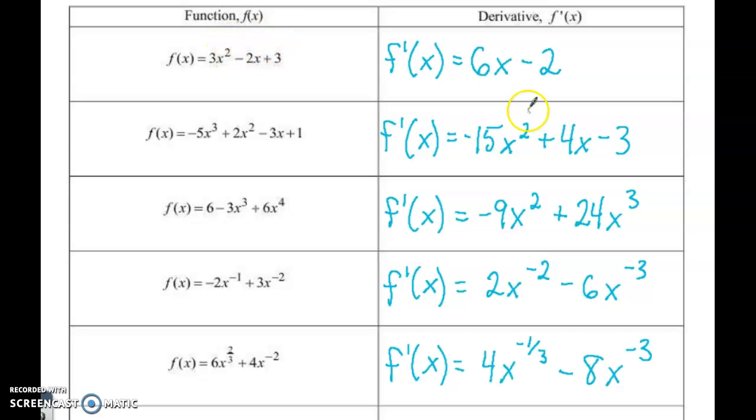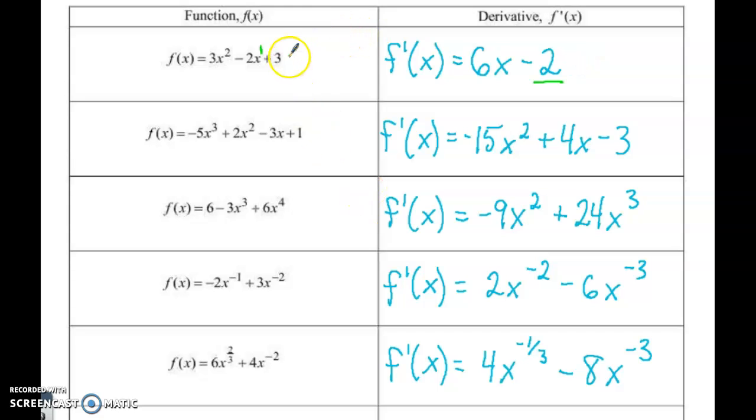And it still works for all values, like even this, because if you do negative 2 times 1, you get negative 2. And if you want, you could write x to the 0 power, because you subtract 1, but x to the 0 power is 1. No need to write that.